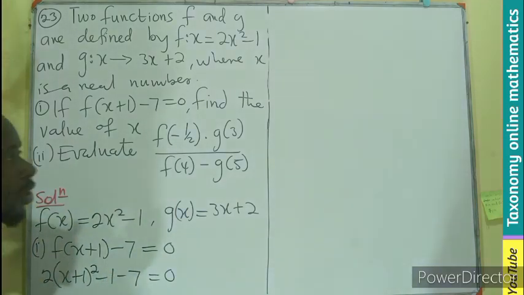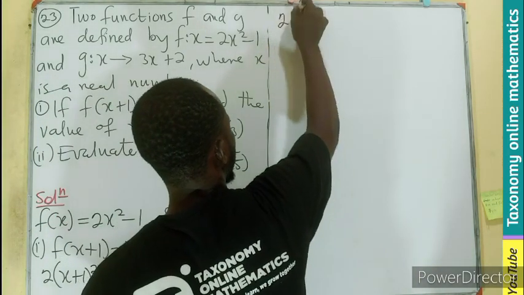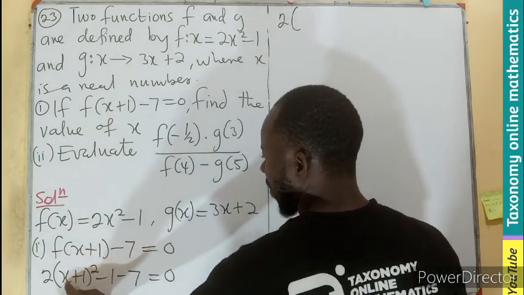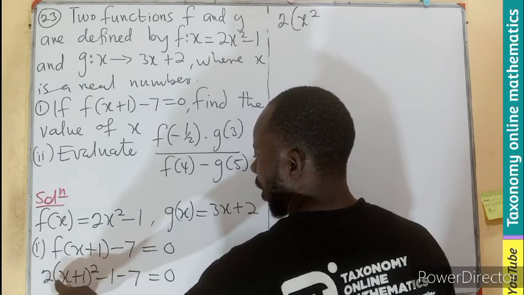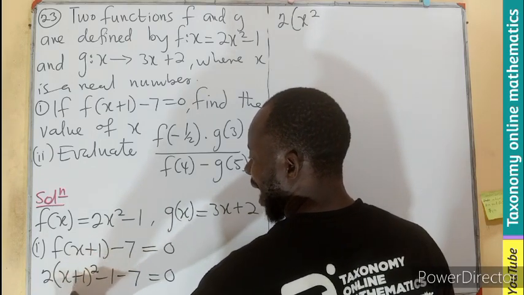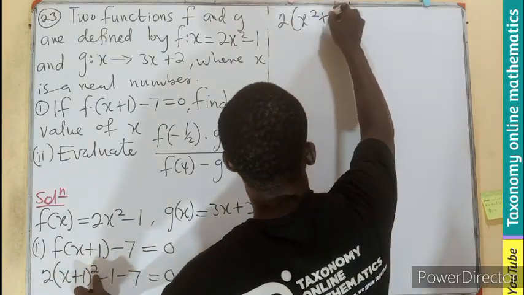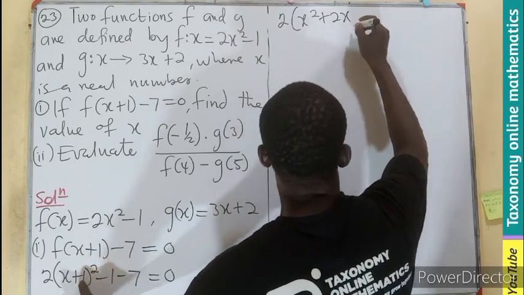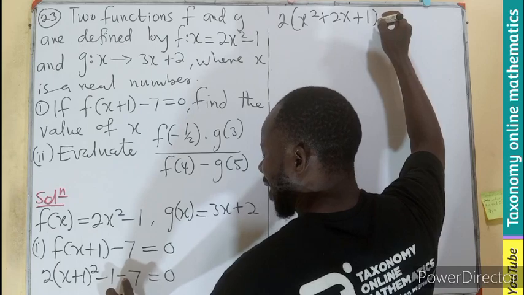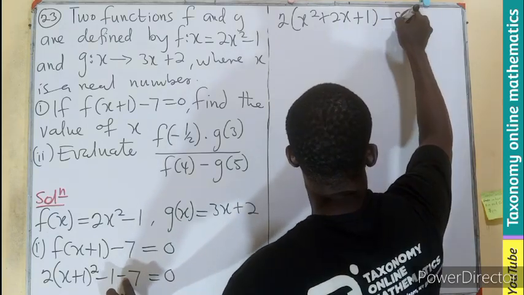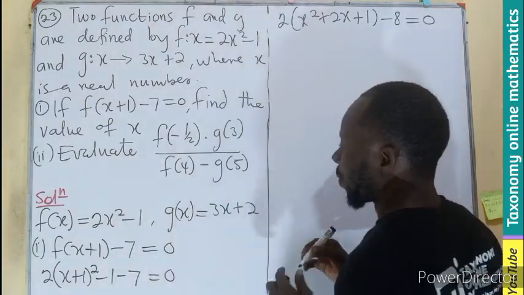So here, we are having 2 in the bracket. We square the first term, meaning x squared. Find the product of the 2, which is x times 1, x, twice of that, plus 2x, square the last, will be 1. Negative 1 minus 7 will be negative 8 equals to 0.